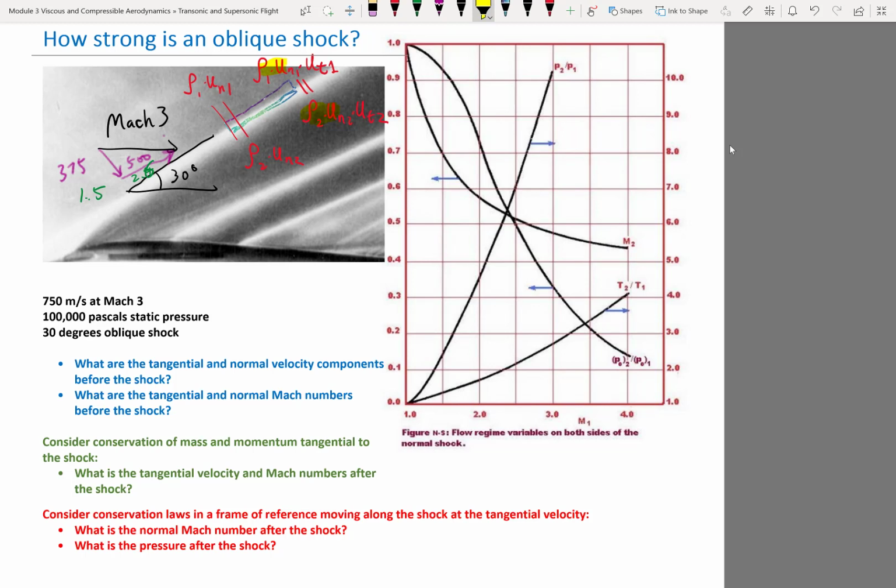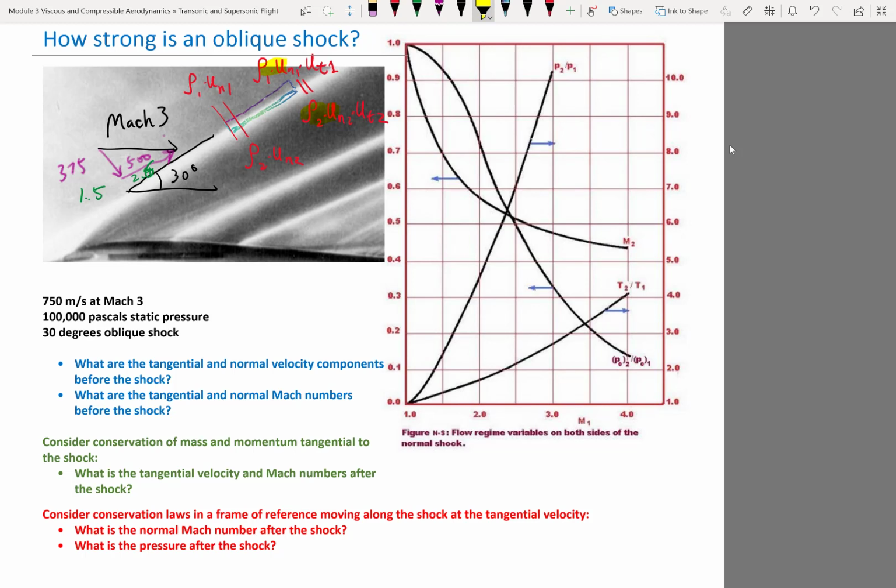The only difference is a different frame of reference, right? So oblique shock is normal shock. All right. Okay, so 1.5 is this point, right? And we know that this is what? Now the Mach number downstream is going to be 0.7, and that means the Mach number in the normal direction, right?